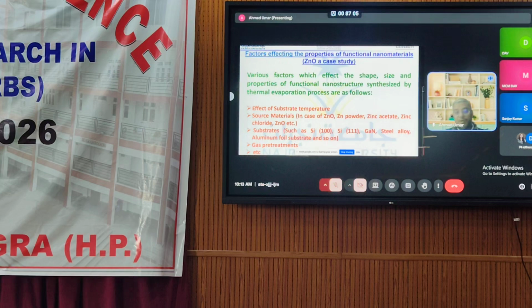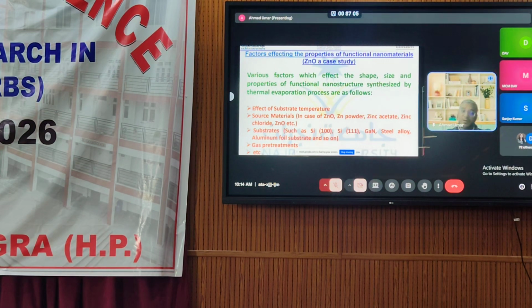For example, the substrate has a huge impact on the morphology and properties of nanomaterials. Also the source material: in the case of zinc oxide, zinc powder, zinc acetate, zinc chloride, etc. I am giving one or two examples in each case just to cover the whole lecture. We also have different substrates like silicon, silicon of different orientations, gallium nitride substrate, and many others.